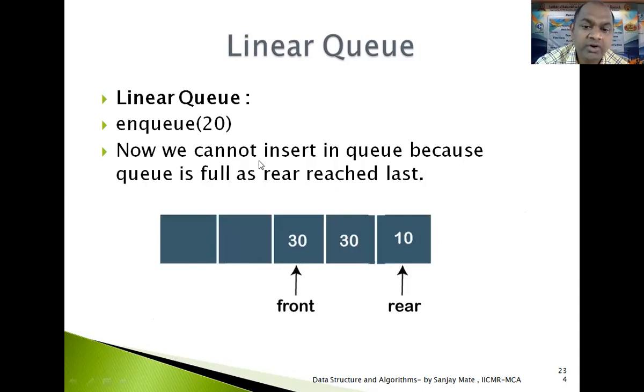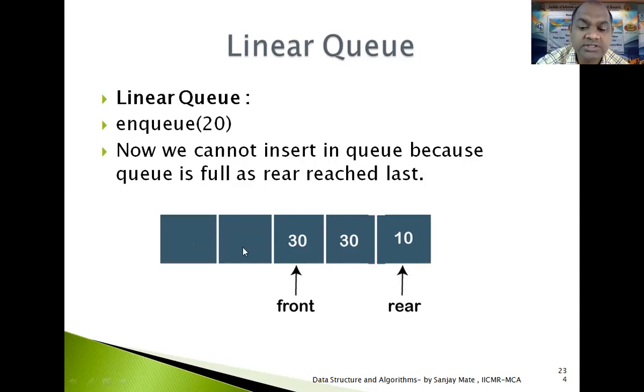Now we cannot insert in the queue because the queue is full. Here, I want to insert one more element, but the rear has reached the last. If the queue is of size 5, the rear has reached the 4th index. Now there is no place. Yes, you do have space here for inserting, but it is not allowed because it's a linear queue.